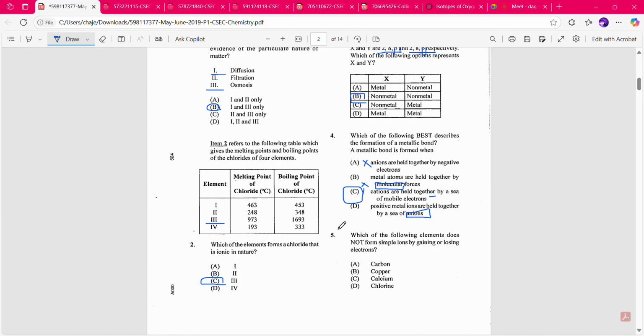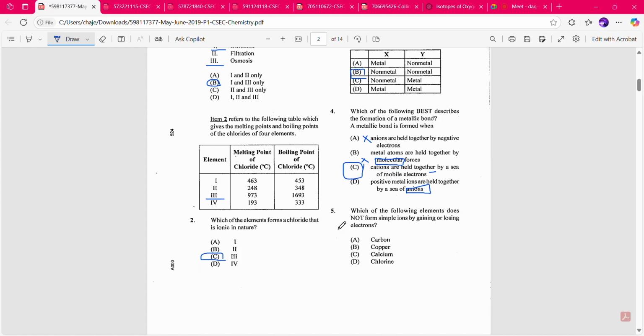Number 5. Which of the following elements does not form simple ions by gaining or losing electrons? Carbon is in group 4. We know that you did organic chemistry, and carbon doesn't lose nor gain, it actually shares electrons.